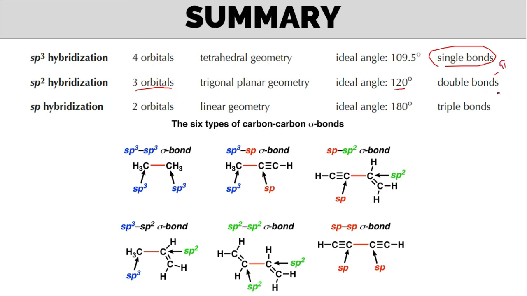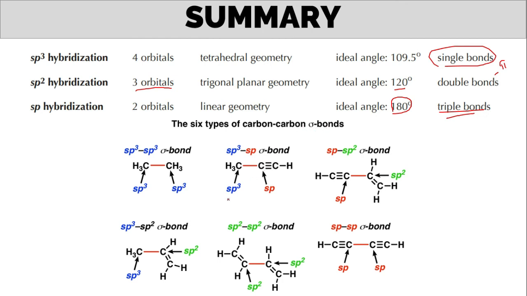In sp hybridization, you have 2 orbitals and you will produce a linear geometry. So the angle would be 180 degrees, and you have the triple bonds because again you have 2 unpaired p electrons.